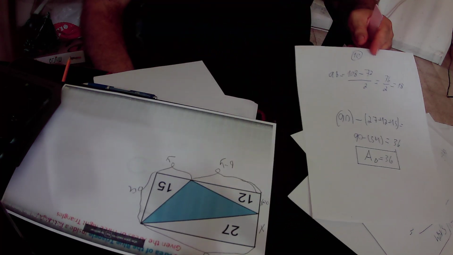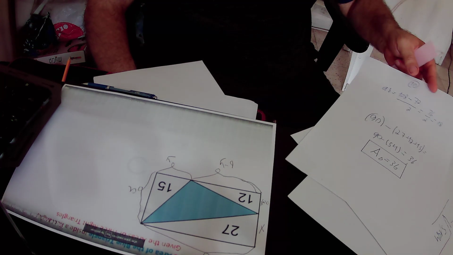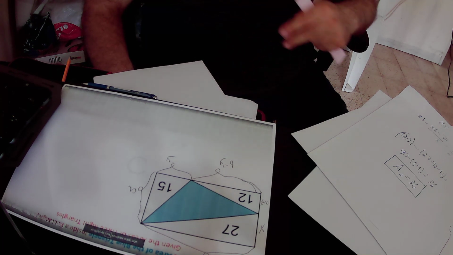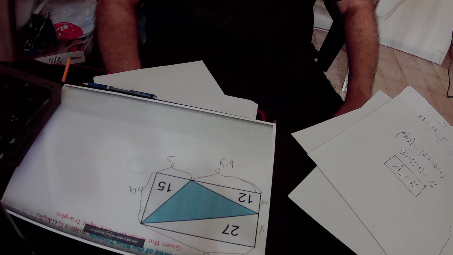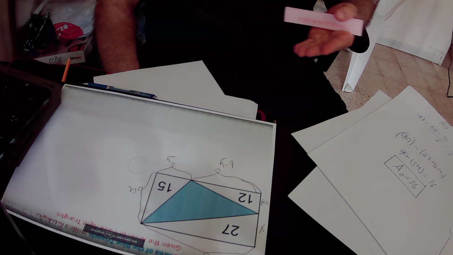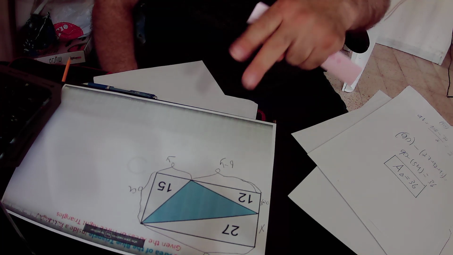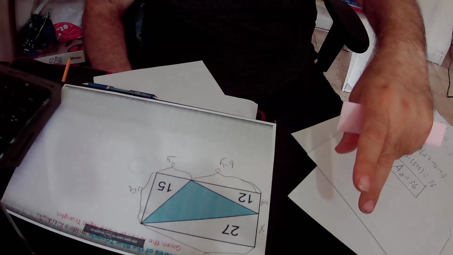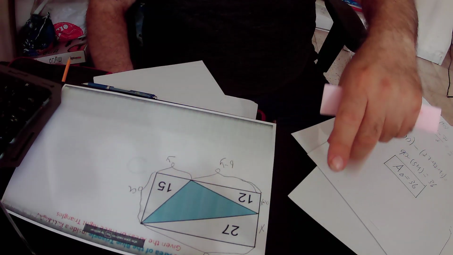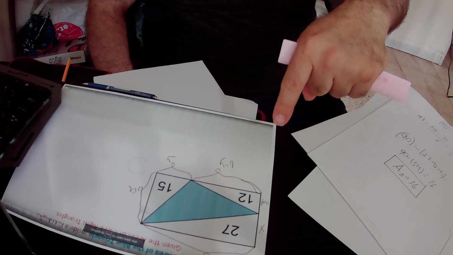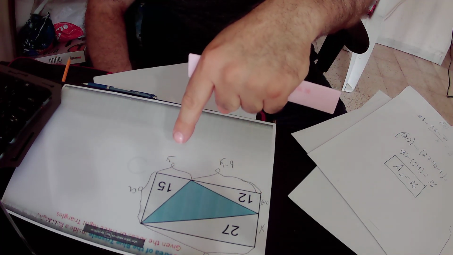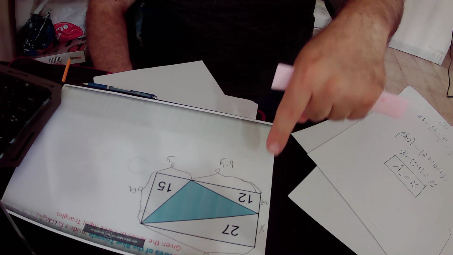So we can summarize the lecture and say that we wanted to find the area of the blue triangle, and as we know, the area of the blue triangle equals the area of the rectangle minus the areas of the three right triangles that are given already.